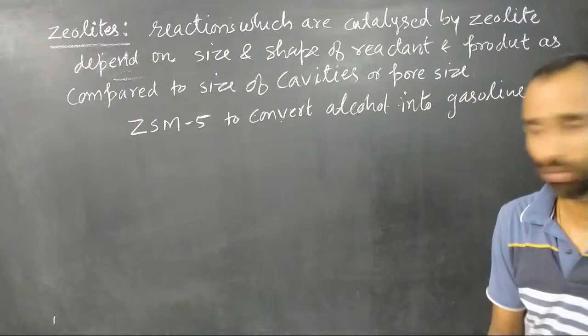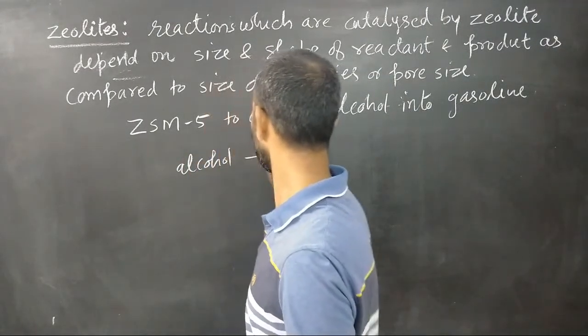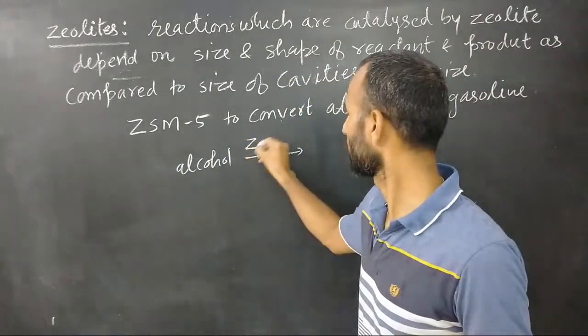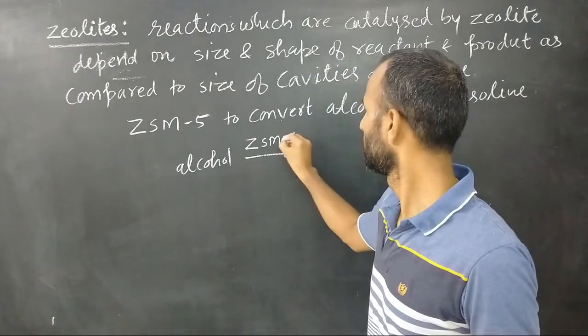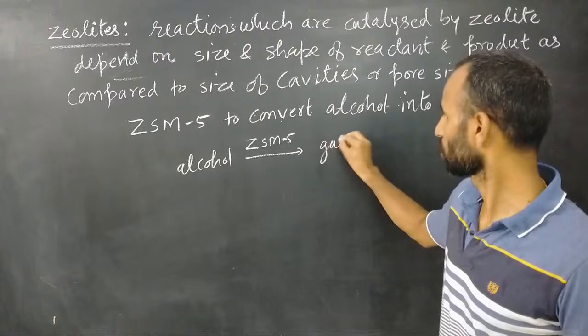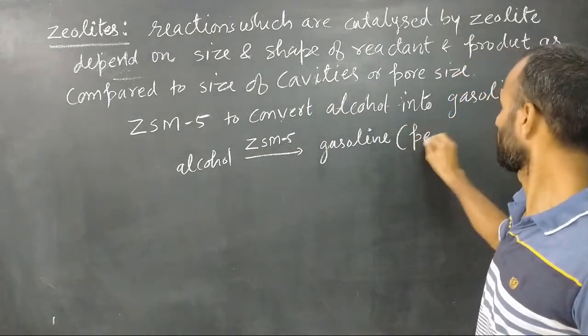Gasoline means petrol. Okay. So what it did, alcohol first is dehydrated by ZSM5 and we get a mixture of hydrocarbons. And you know mixture of hydrocarbon is gasoline, which is also called petrol.